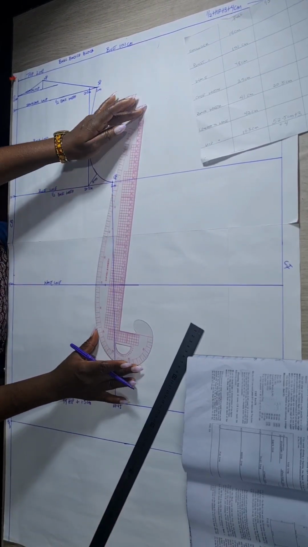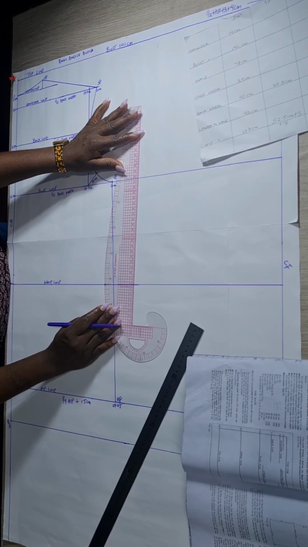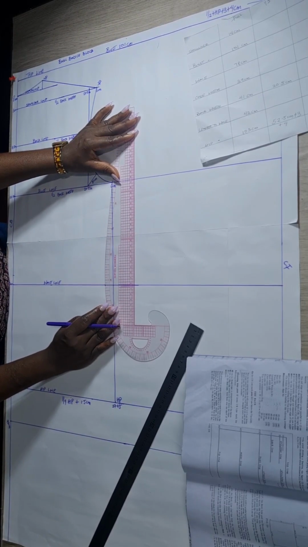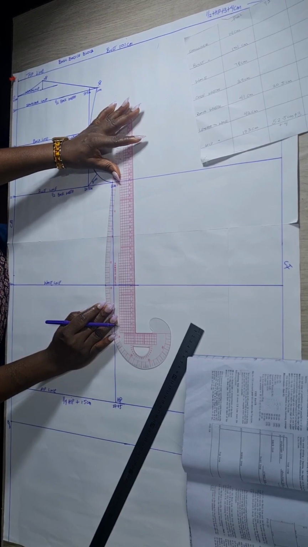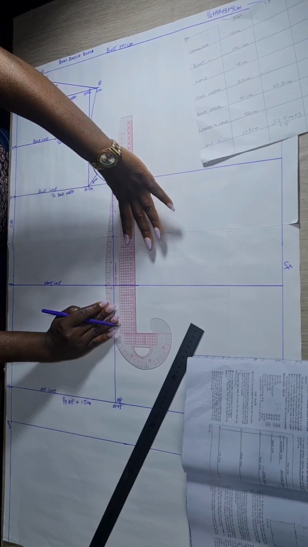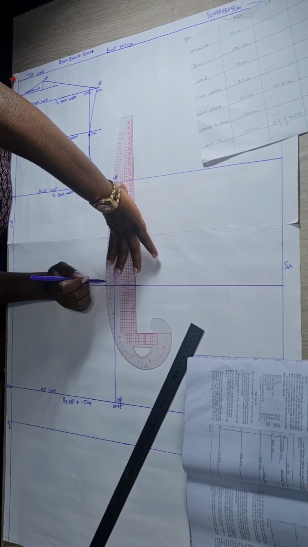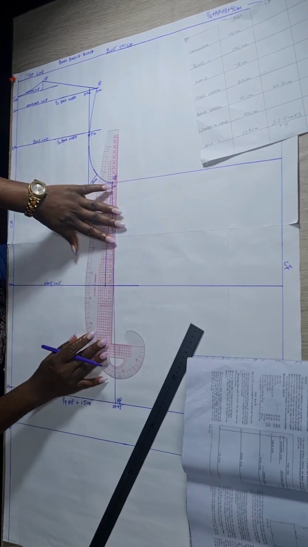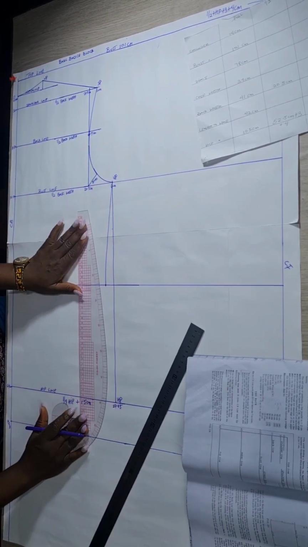Then use your French curve. Please pay attention to how I'll place this French curve. Now, I'll connect from my UP to WP. That's what I have on my waistline. This point. Then, you see, I flipped the French curve.